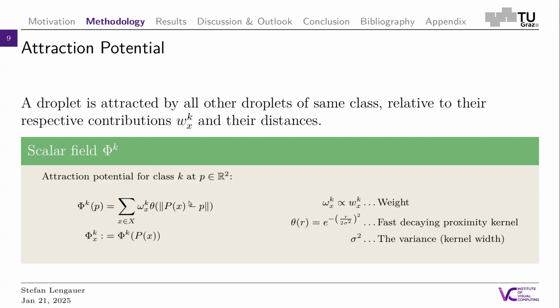And we employ a distance weighting modeled over a Gaussian kernel, so a fast decaying proximity kernel with a fixed variance. And the weight is proportional to the contribution of a pixel. So actually what we have is a Gaussian mixture model, which describes our potential.